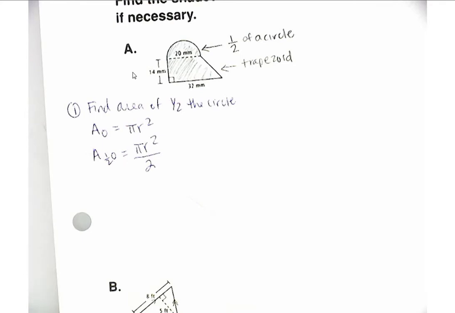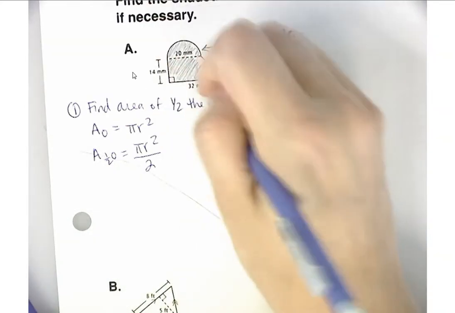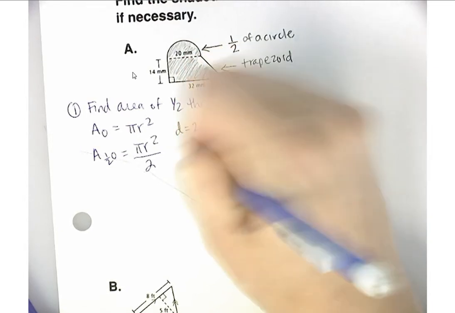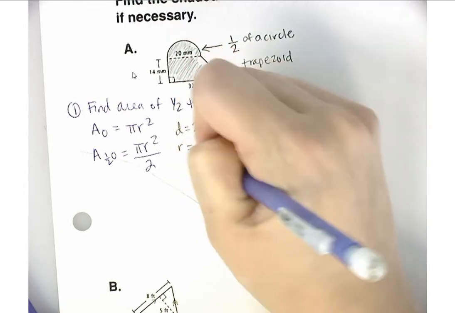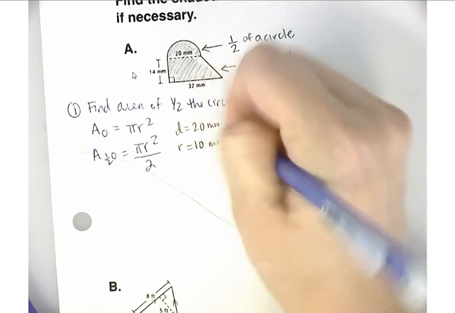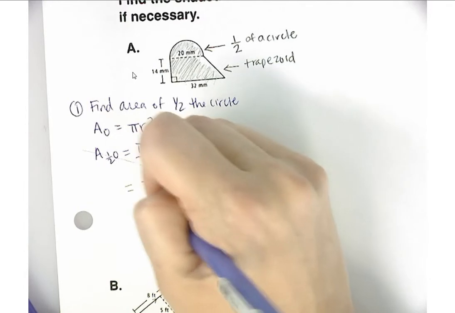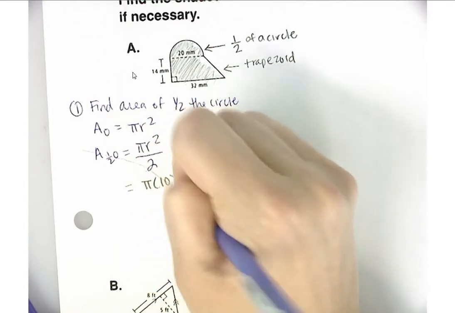Okay, and then Ethan, what's going to be the radius of that circle? 10. And that's because we can see the diameter is 20 millimeters, which means the radius is going to be half of that. Okay, so to find the area, we're going to do pi 10 squared divided by 2.